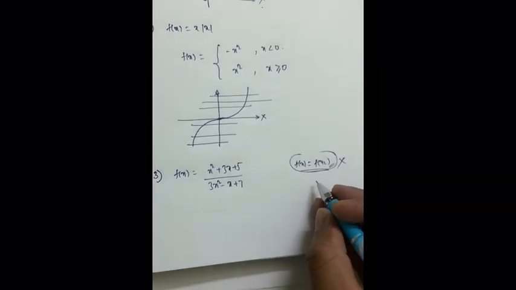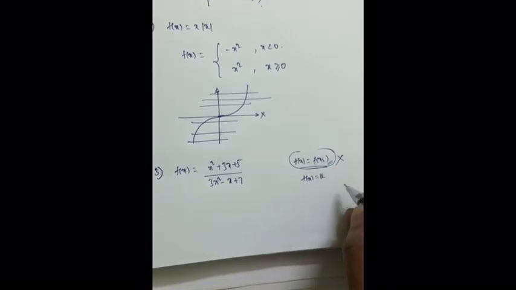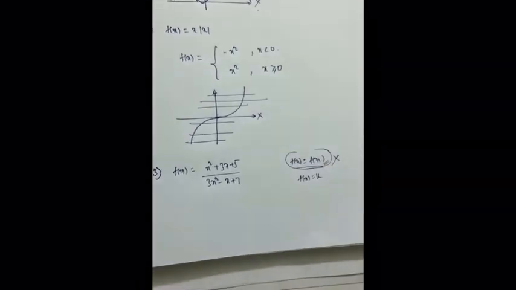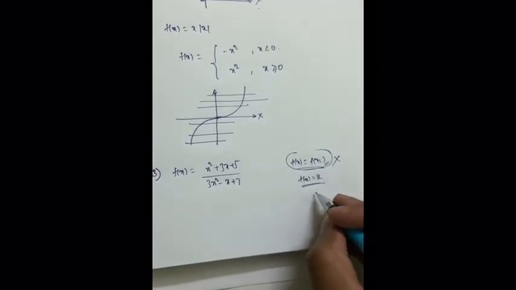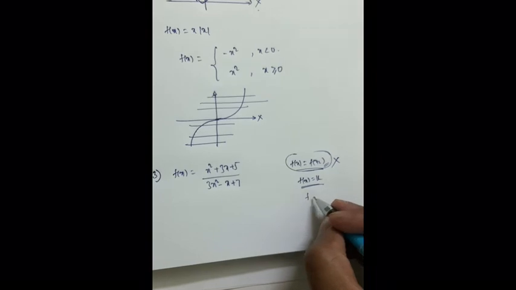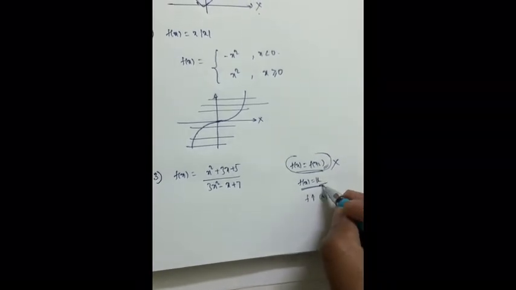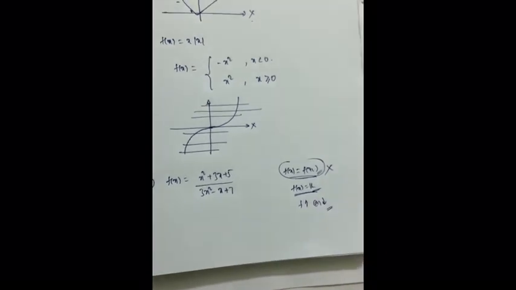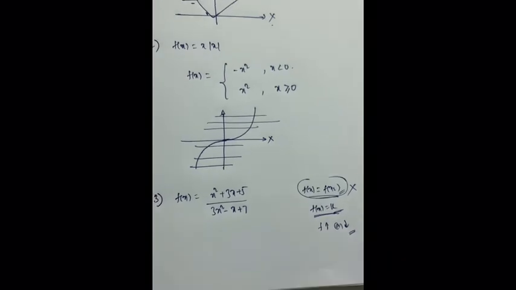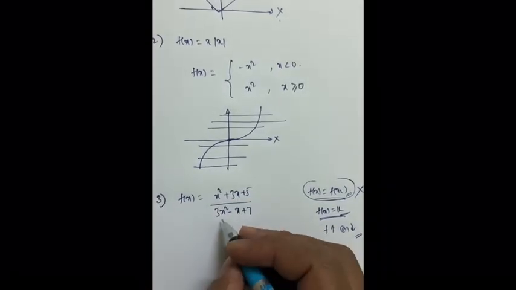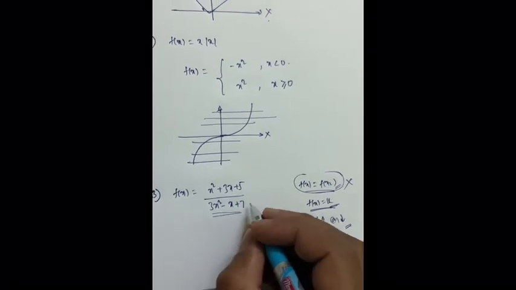Okay, the second rule we have is f of x equals k, and the other one is increasing or decreasing, and next is the graph, which anyway we can't draw, so that's why we are looking at these rules. So f of x equals k, and the other one is the f is increasing or decreasing rule. Okay, so right now we have these two. Can I use the increasing or decreasing rule? Yes, because this function is always continuous, and the denominator is never going to be 0 because the discriminant is negative for the denominator.